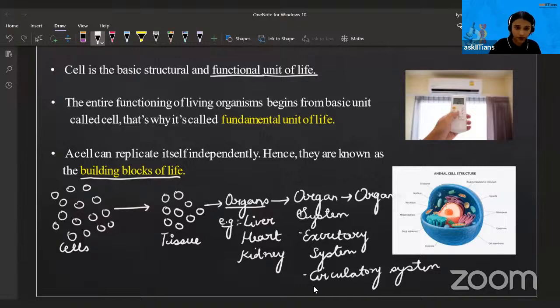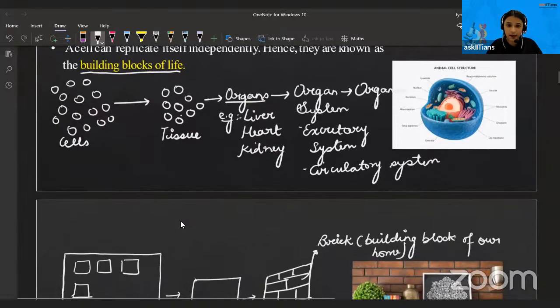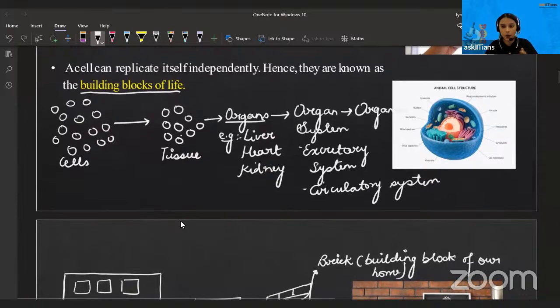Let's take the example of the heart. We know organs are specific for their function, and in our body various processes take place, like circulation of blood, excretion of waste, nutrition, and respiration. These are essential for an organism to stay alive. So who is performing those functions?